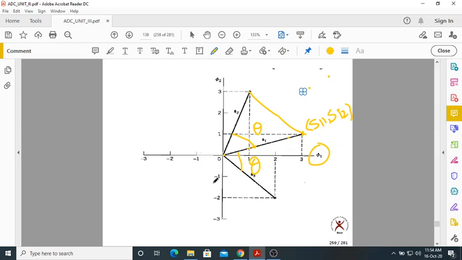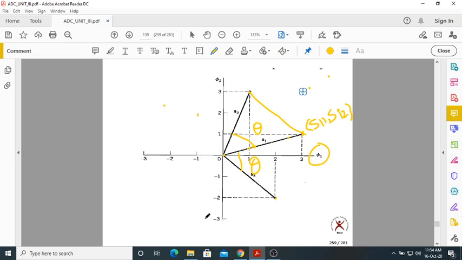We can find the norm, the length, of any signal vector. We can find the angle between any two signal vectors. Here we can represent signals with a point in a signal space. Just this point represents a signal. If you take one more point, this point represents another signal. So it will be very, very easy to analyze.